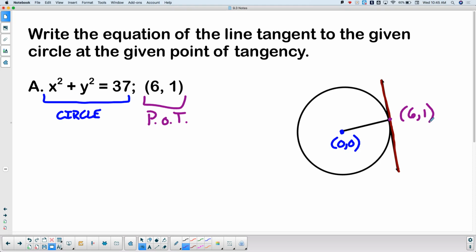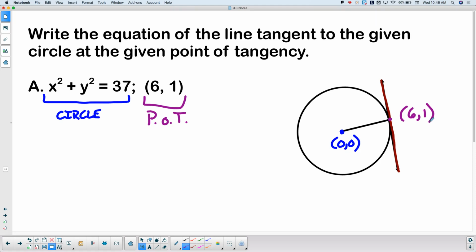Luke, what do you think we need to do to tackle this problem? I want to get to that maroon line, the equation of it. I want to find the equation of the line. Don't we have the equation of the line?